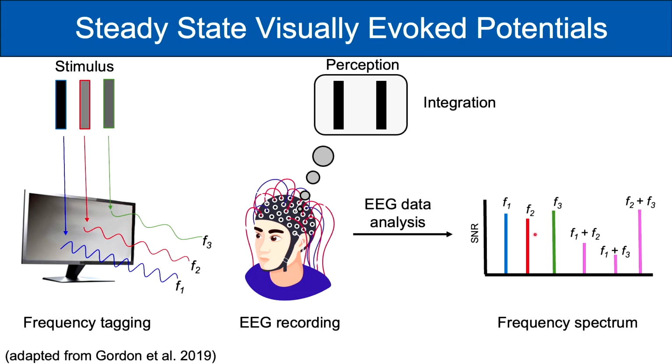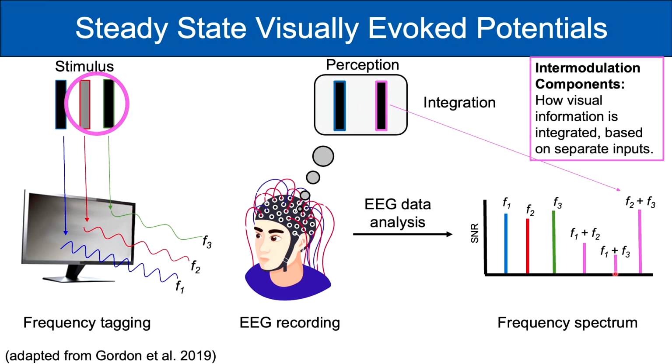For example, if the central and outermost items are integrated, we expect to see signal-to-noise ratio, specifically at F2 plus F3, being significantly larger than the other combinations of input frequencies, such as F1 plus F2 or F1 plus F3.